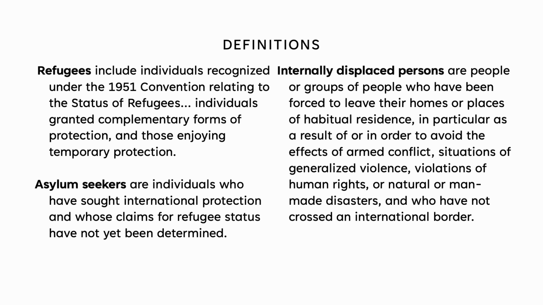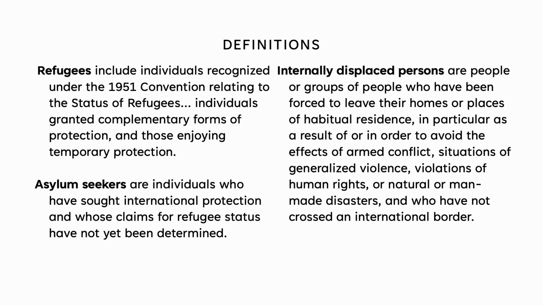For refugees, their specific definition comes out of the 1951 Geneva Convention relating to the status of refugees. These are people fleeing for specific reasons who are unable to safely return to their own country and have been granted this status or recognized under the convention.